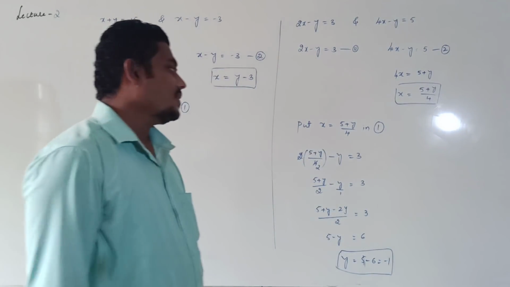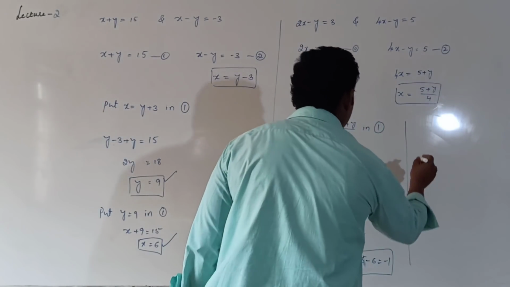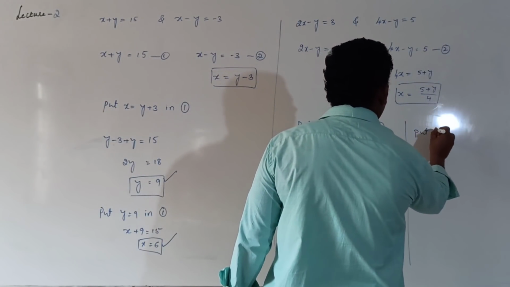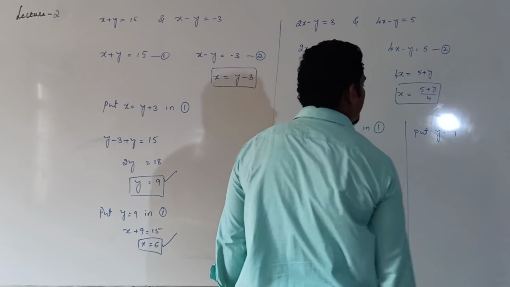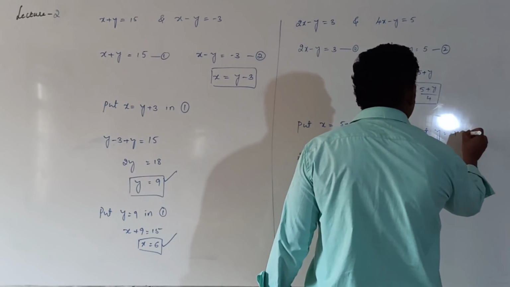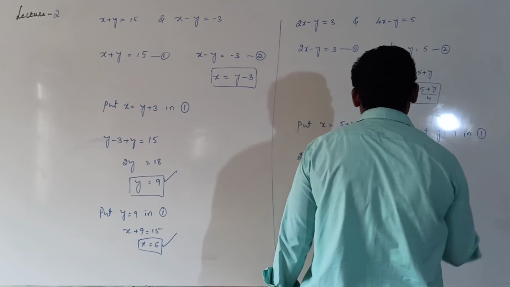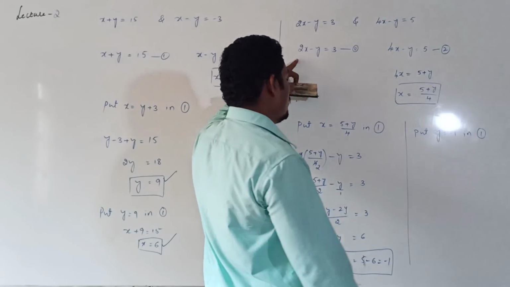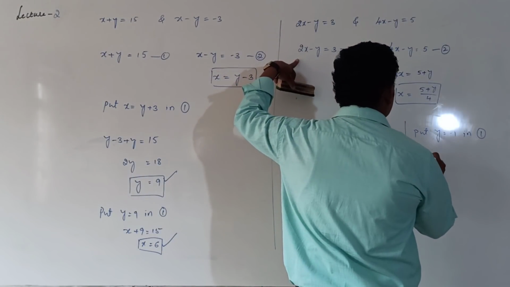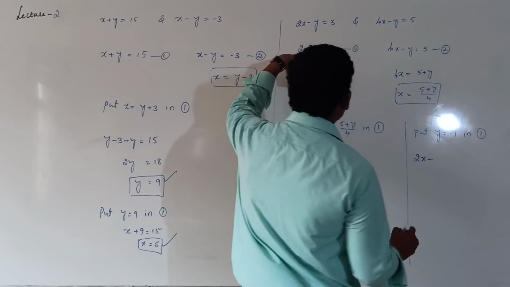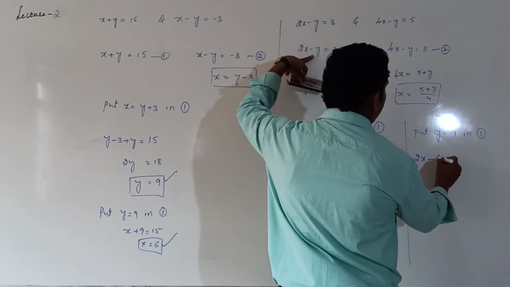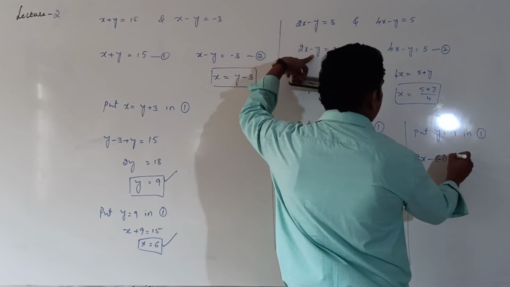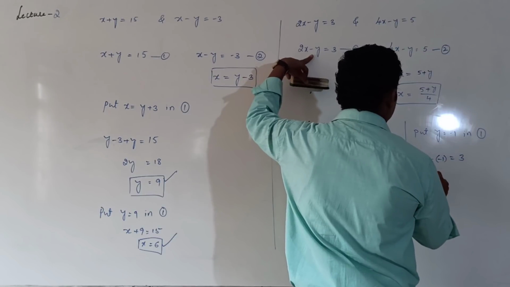After getting the y value, put y equal to minus 1 in equation number 1. Then it becomes 2x, the middle negative sign as it is. What is our y value? The y value is minus 1, equal to 3.